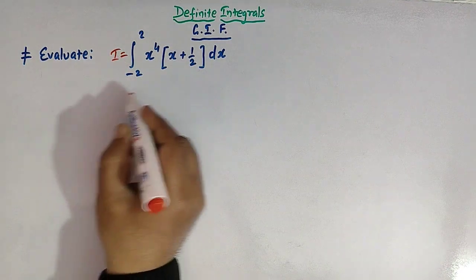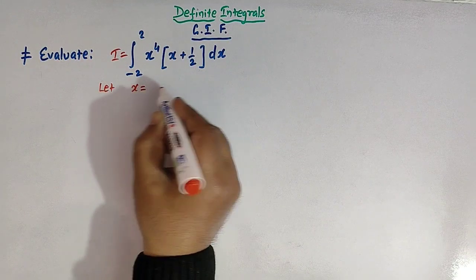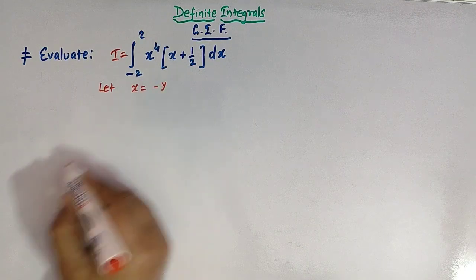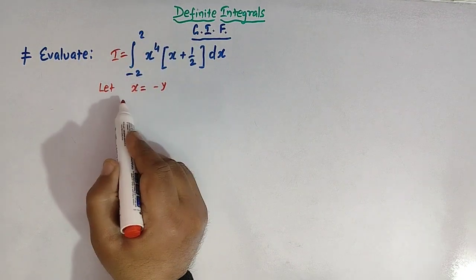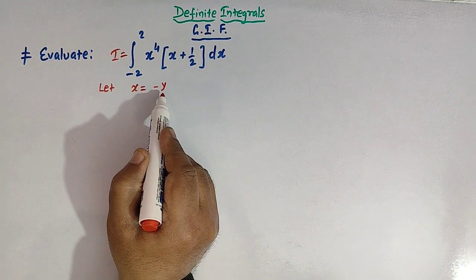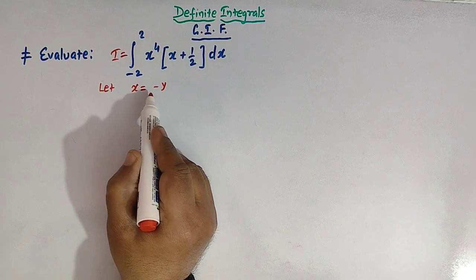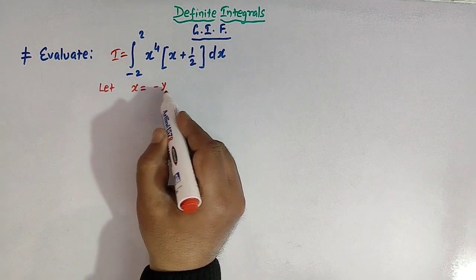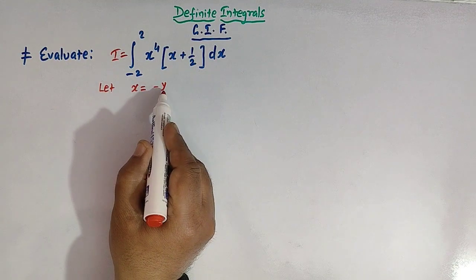Let us first take x is equal to minus y. Here we are changing the integral from the variable x to the variable y. We could also take some other variable like t or u, but here we'll prefer y.